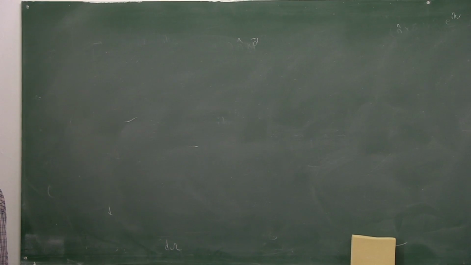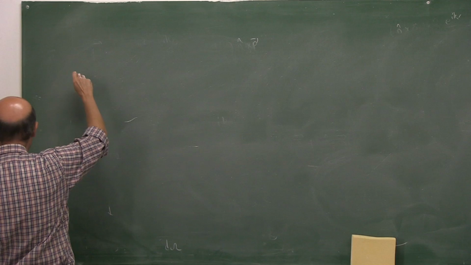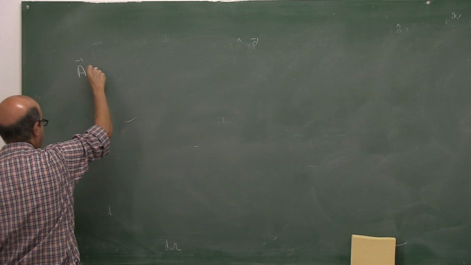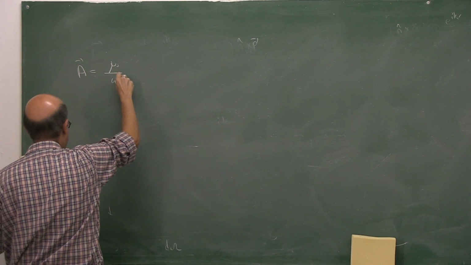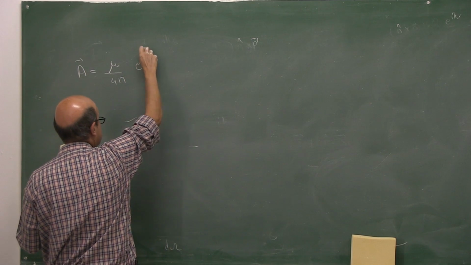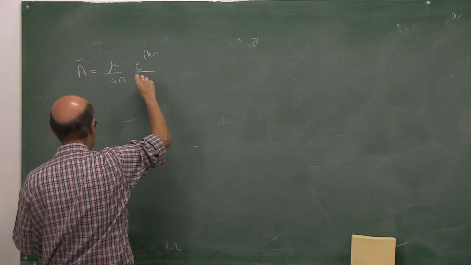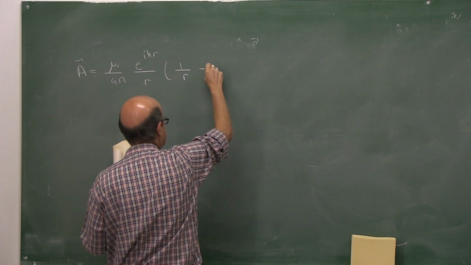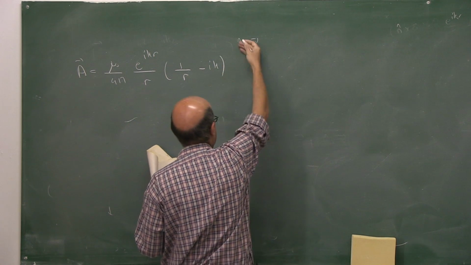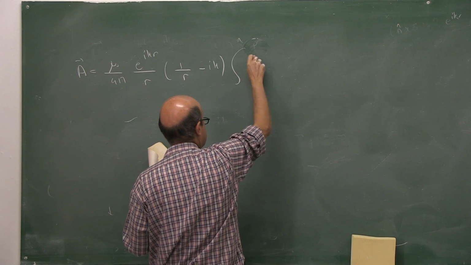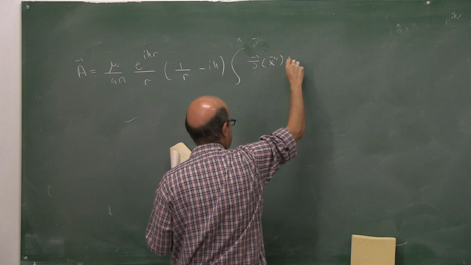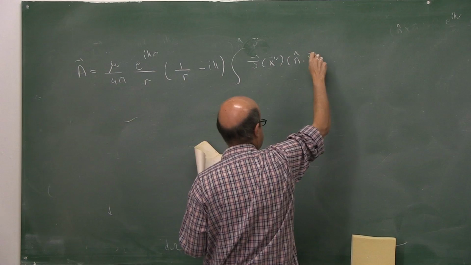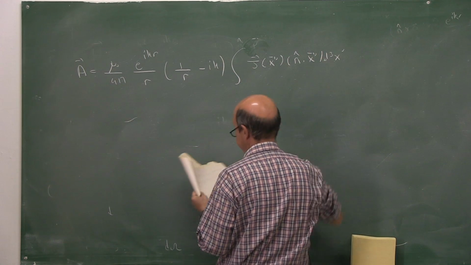Here is our integral. So let me write this again. The vector potential is mu0 over 4 pi, the spherical wave term e to the ikr over r, times 1 over r minus ik, the current density dot n dot x prime d cube x prime.